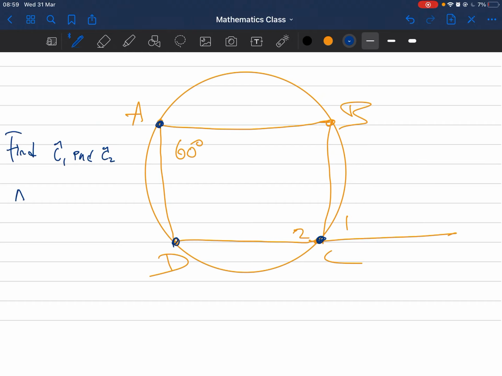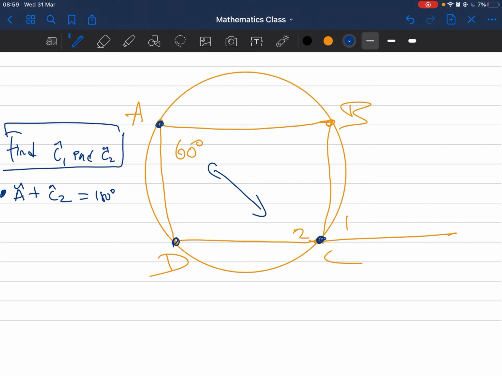We know that angle A plus angle C2, these are opposite angles, right? They should be equal to 180 degrees. This is what you know. This is what you're looking for. This is the solution. The solution starts here. Angle A plus angle C2 equals 180 degrees.